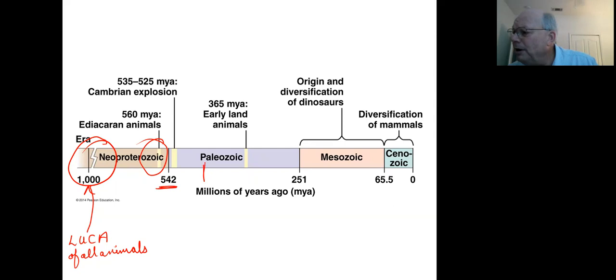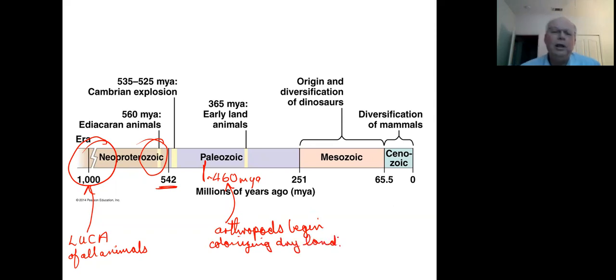So I'll put a bar in here. So approximately 460 MYA, arthropods begin colonizing dry land.